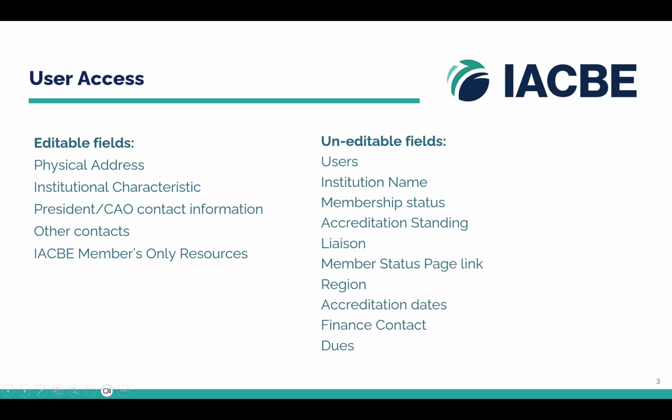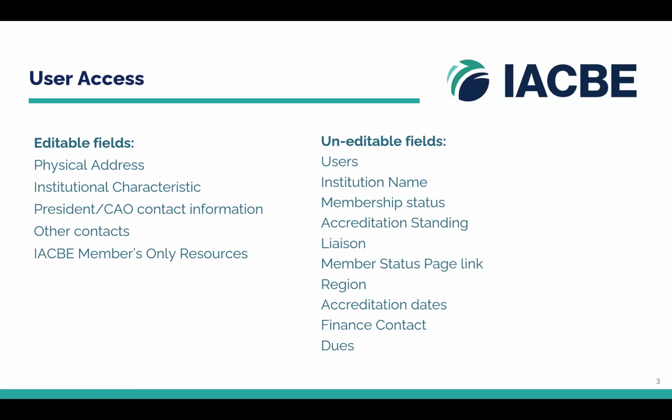You will notice when we go into the system that there are some fields that are editable and some that are not. The reason for that is the editable fields do not have any bearing on your accreditation with the ICBE. For example, your president can change and it will not affect your accreditation.